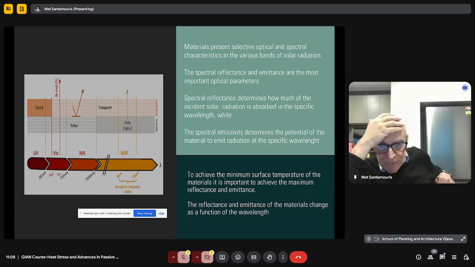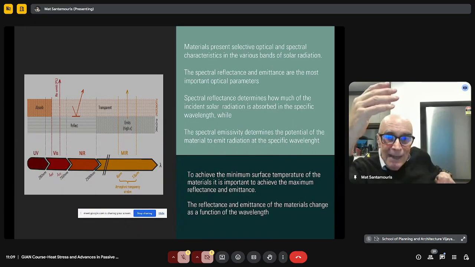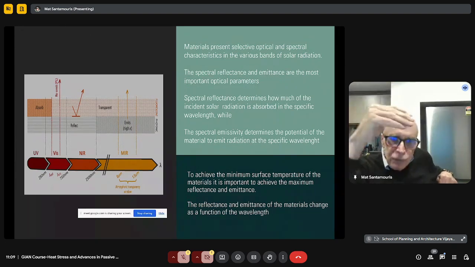So if we take, for example, a material and we check how much this material may emit at a specific wavelength, for example, in the atmospheric window, 7 to 18 micrometers, we have to understand that a high emittance at this specific wavelength means a high absorbance also at that wavelength, which means that if the material emits a lot at this wavelength, it absorbs also a lot at the same wavelength.